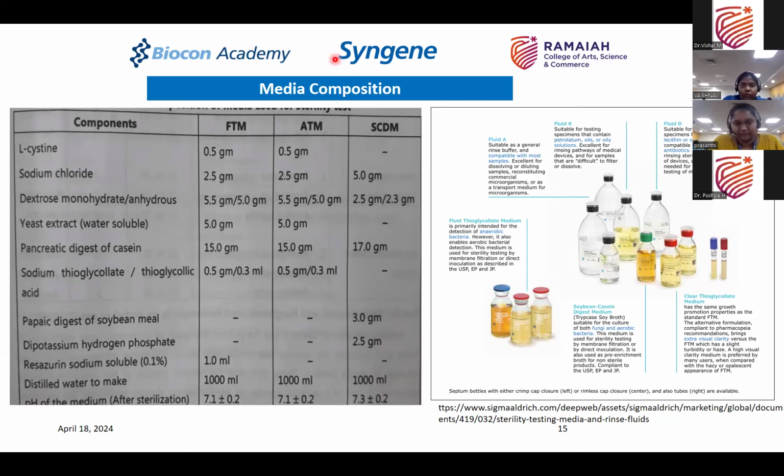The main purpose of adding it, please make a note, is that it maintains the reducing condition in the media and also protects the enzyme against inactivation by maintaining the protein thiol group in the reduced state.